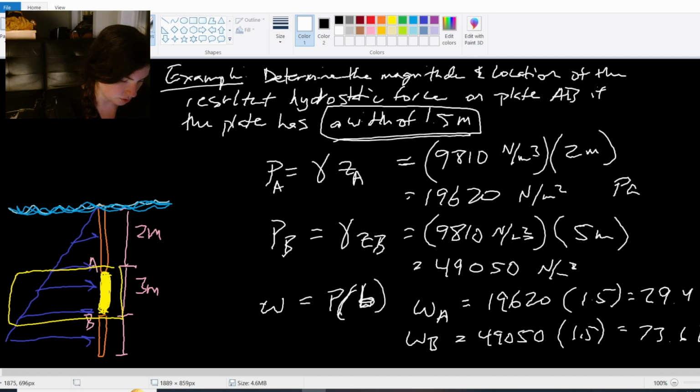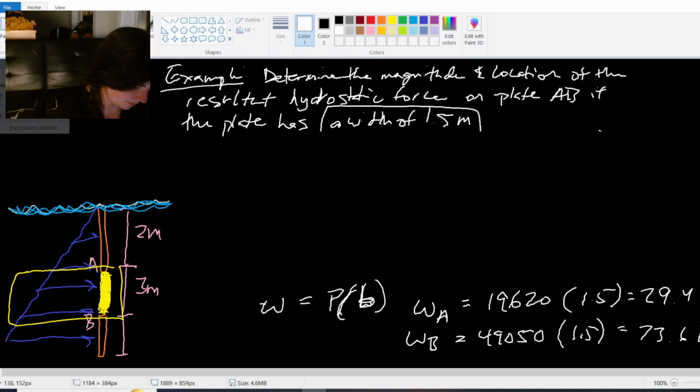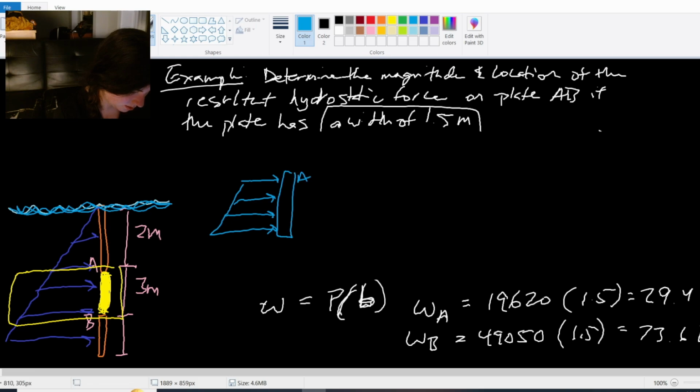If I go ahead and get rid of this math that's in the way, I've seen this before, where I have a distributed load. This is on my plate AB here.